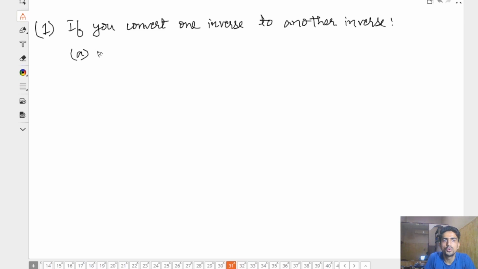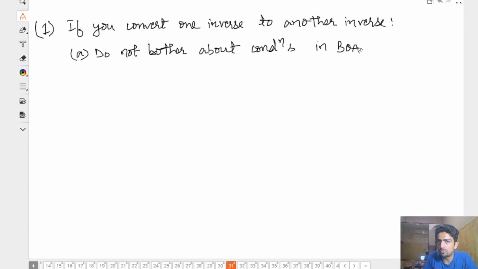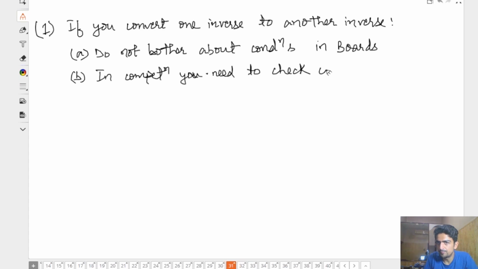First point, do not bother about conditions in boards. You don't have to bother about the conditions in boards. Second point, in competition, you need to check conditions. Obviously, there you cannot just straight away write that.